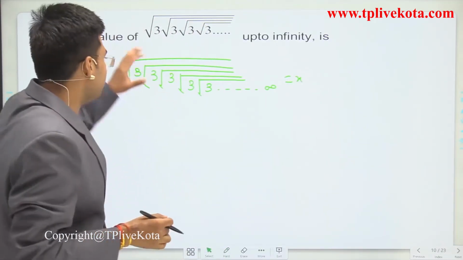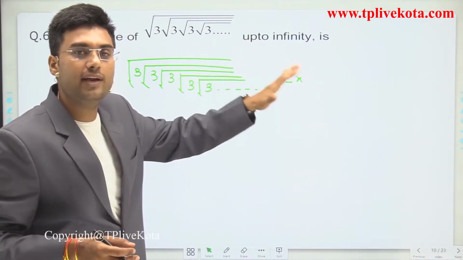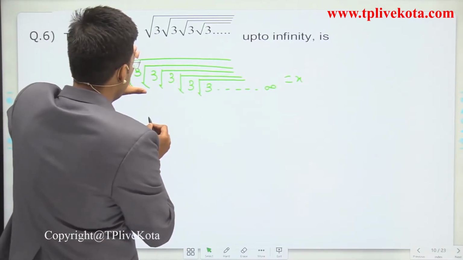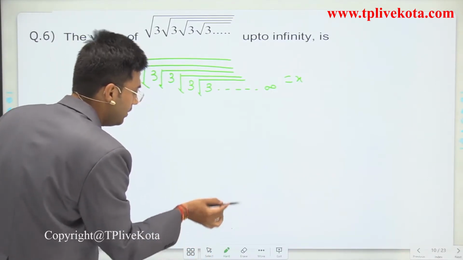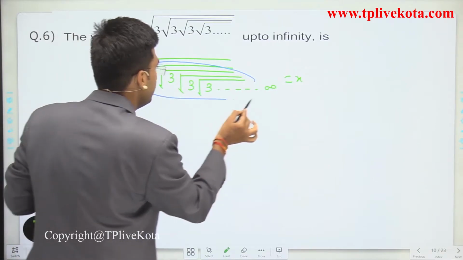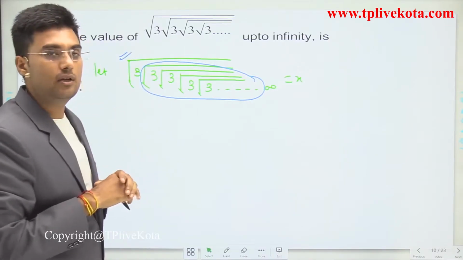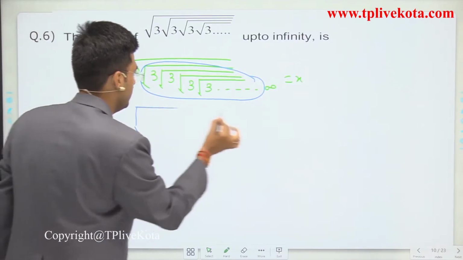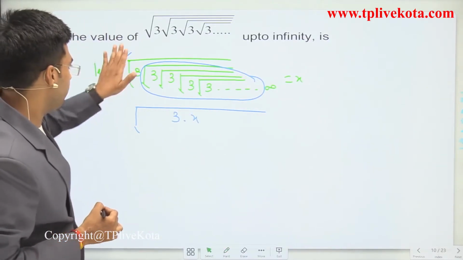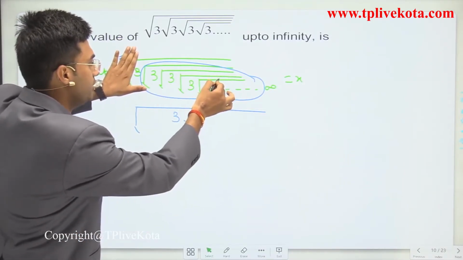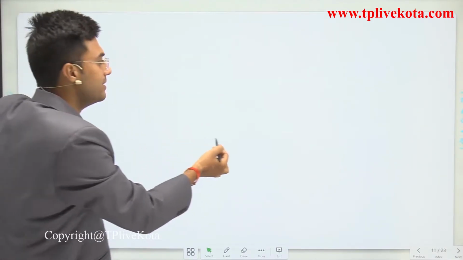And dear students, in this expression root 3 is under the root, multiplied infinite times, and if I remove one time, then again we will get the same expression. For example, if we talk about this expression only, again this is the same expression as we assumed in the starting. So we can write it as root of 3 multiplied by x only, because when we hide this, again we will get the same expression. So the value of this same expression is x.